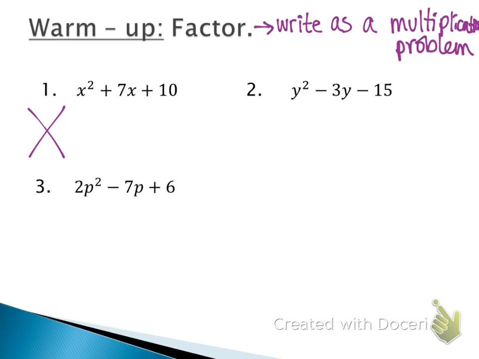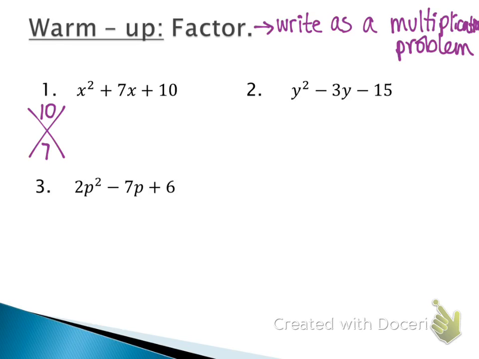When we go to fill in our X, what goes on the top? The 10. Whatever we're multiplying to, the constant from the back goes on top. What about on bottom? The 7, whatever we're trying to add up to. So we need 2 numbers that multiply to 10 and add to 7.